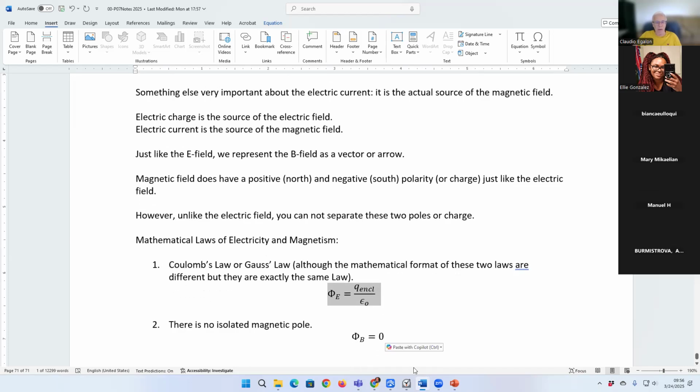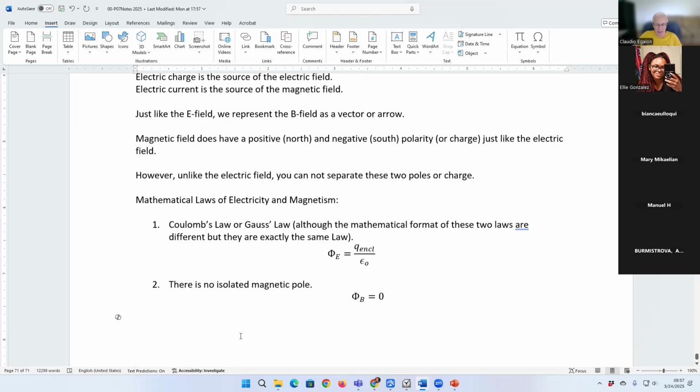We still have a magnetic flux, but because we cannot separate one pole from the other, for any surface encompassing the source of the magnetic field, the right side of this equation is going to be equal to 0. Can you remember that? That's one of the laws of electricity and magnetism.